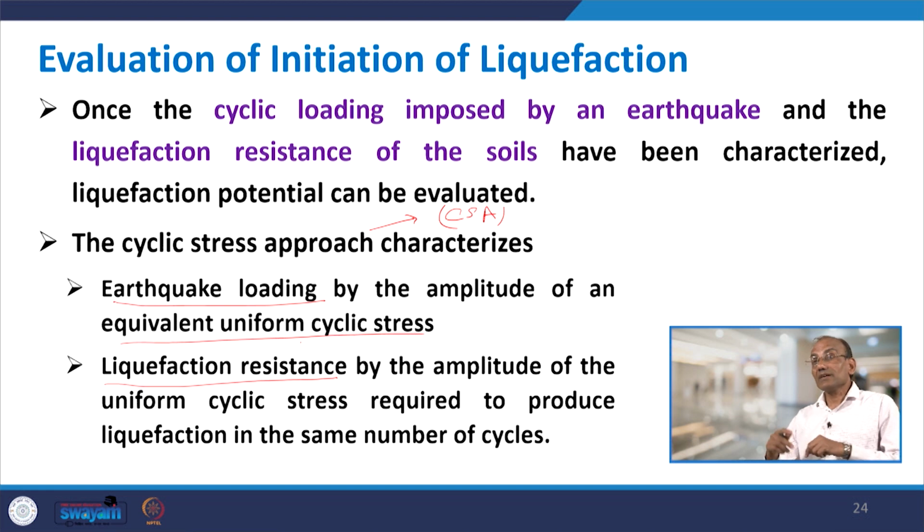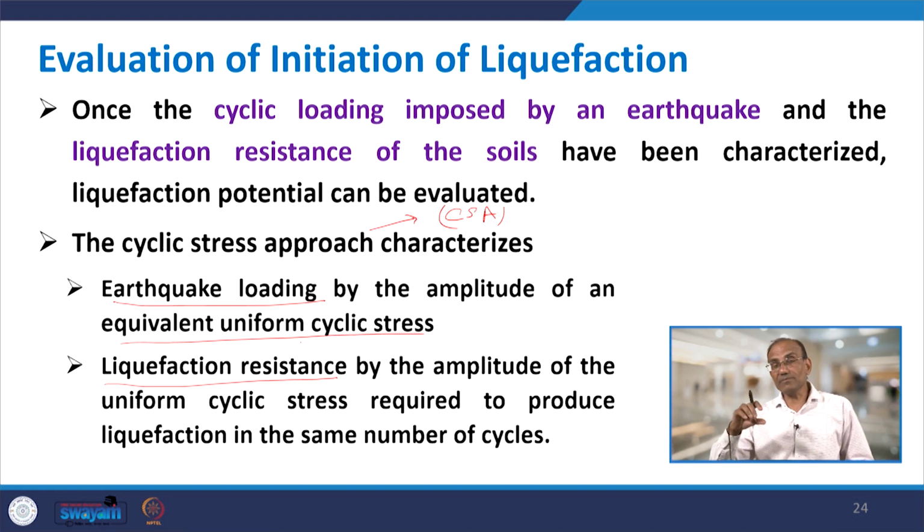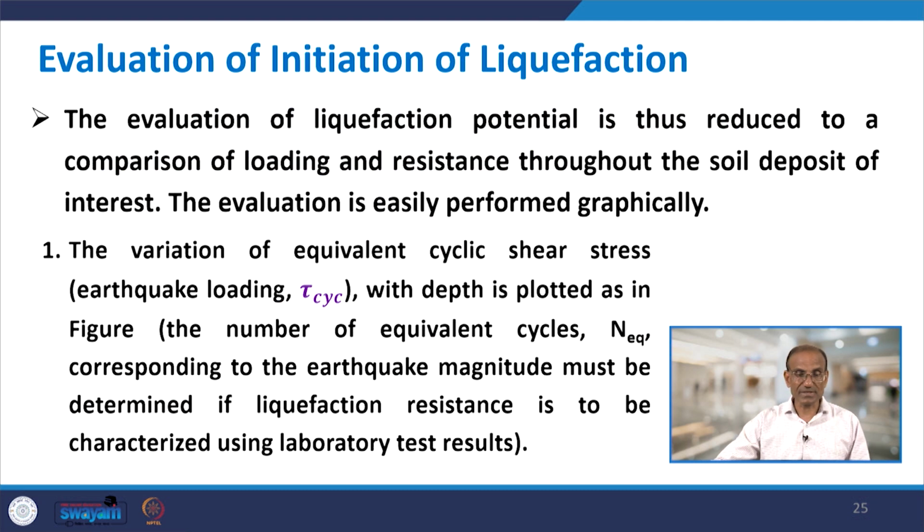So, in the second step we find the equivalent number of cycles at which liquefaction occurs. This denotes the liquefaction resistance of the soil. If liquefaction resistance is high, you will get more cycles. If it is low, you will get fewer cycles.